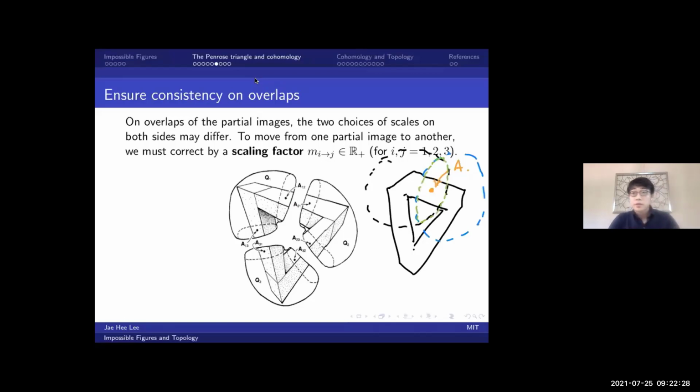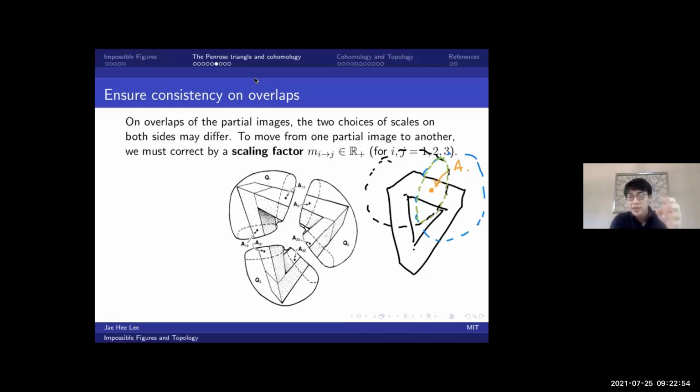Now you look at some point that is in the overlap. So this point lies in the partial image of both the first piece and the second piece. And now we want to ensure certain consistency, because we have introduced two different objects a priori.